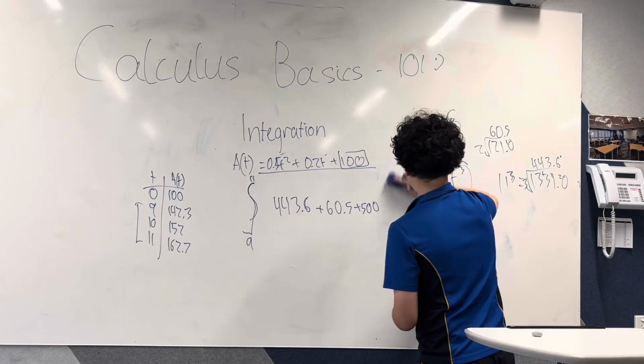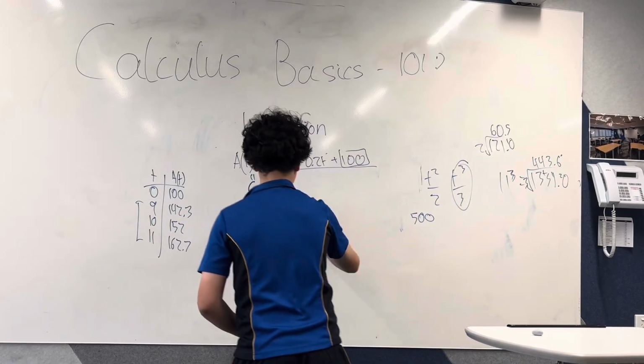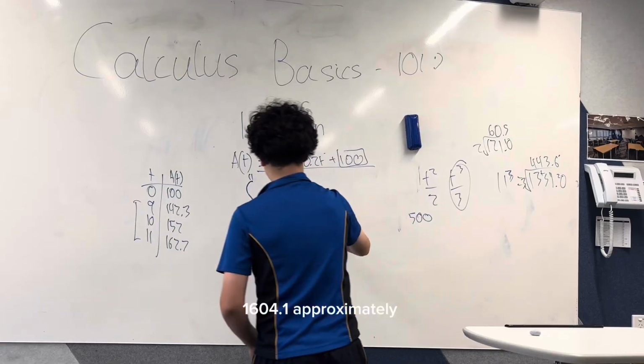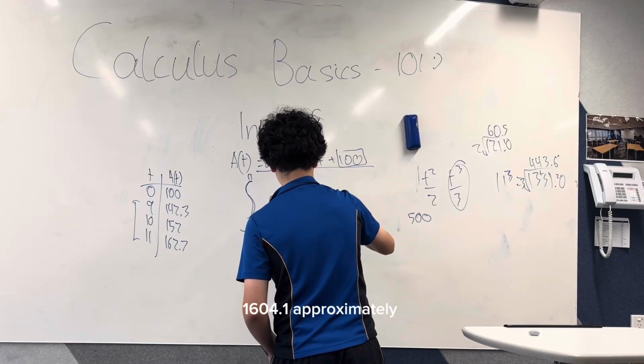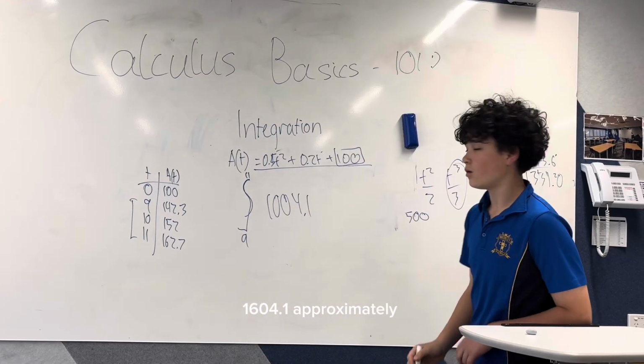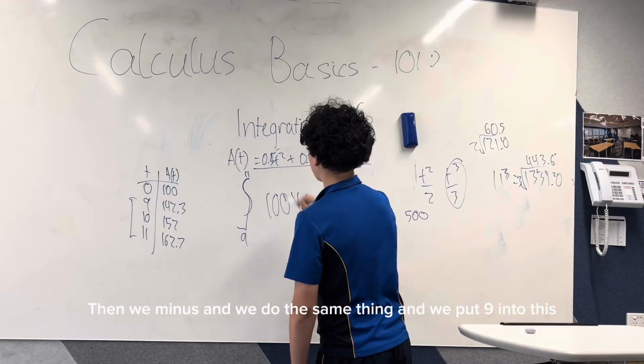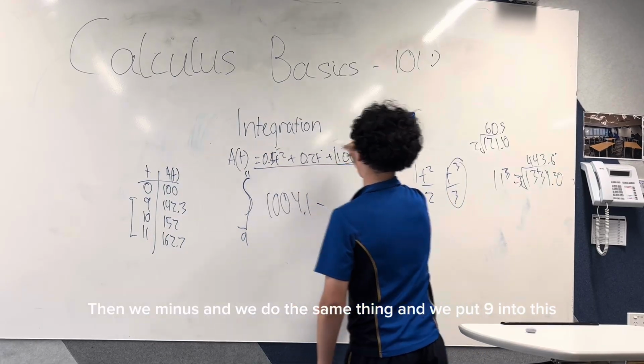So now we can erase this and say 1004.1 approximately. Then we minus and we do the same thing and we put 9 into this.